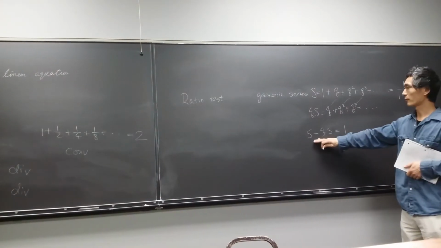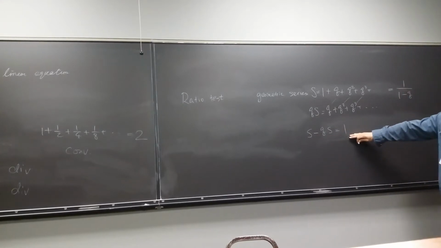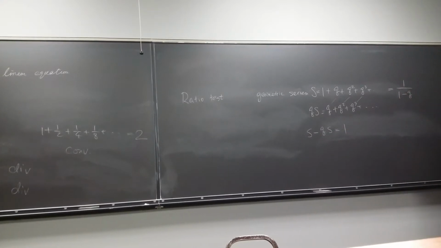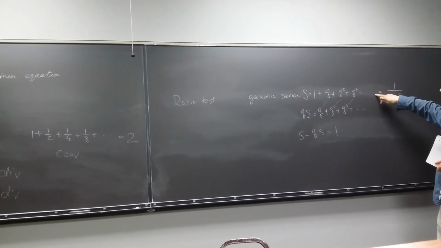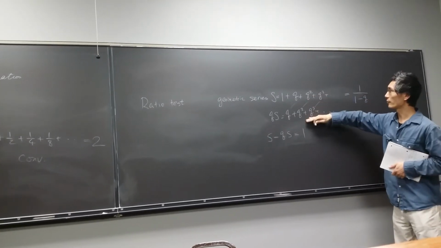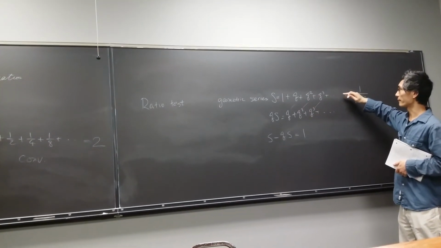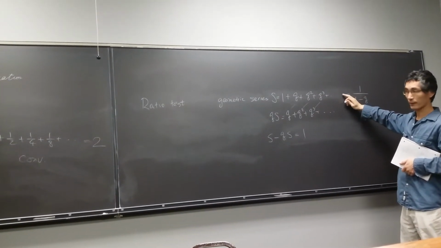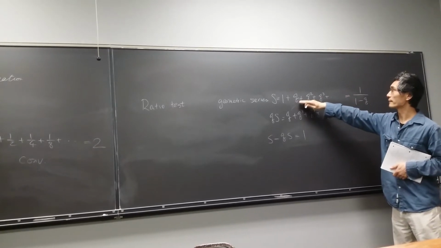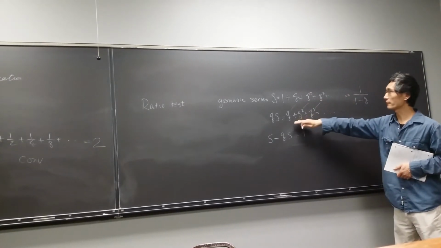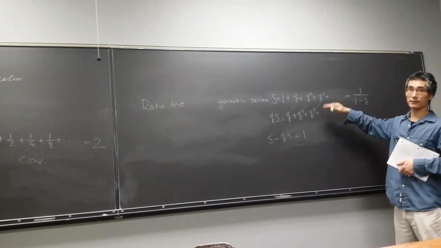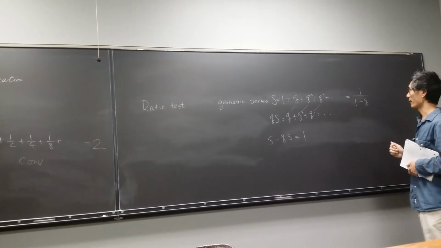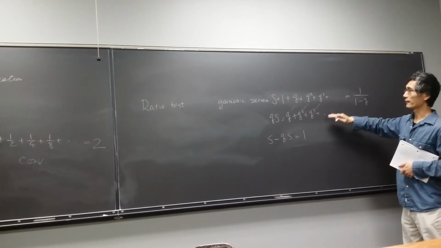So if you factor out 1 minus q and move to the right-hand side, you will get this. However, this is true for certain conditions. You can only cancel these terms if they approach 0. If q is 1, then this is 1, 1, 1, 1. This is infinity. This is also infinity. You cannot say infinity minus infinity equals 1, right? That's not allowed. But if it's convergent, then you can do that.